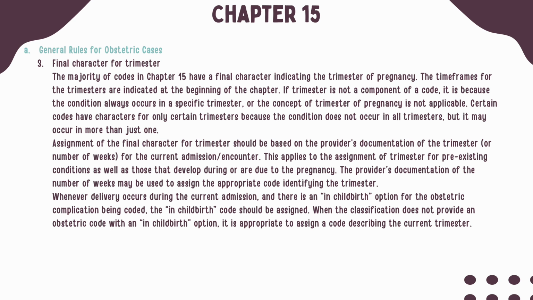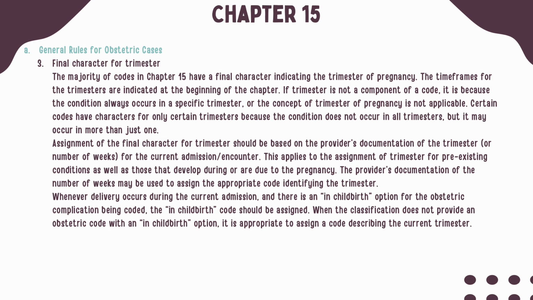These timeframes are also included in the beginning of your Chapter 15 codes that are found in the tabular list. There are some codes that do not have a final character to indicate your trimester. This could be because either the condition always occurs in a specific trimester or because the concept of trimesters is not applicable within that condition.